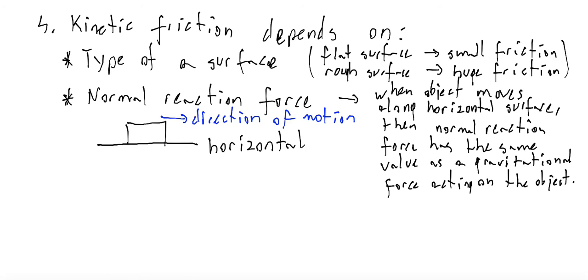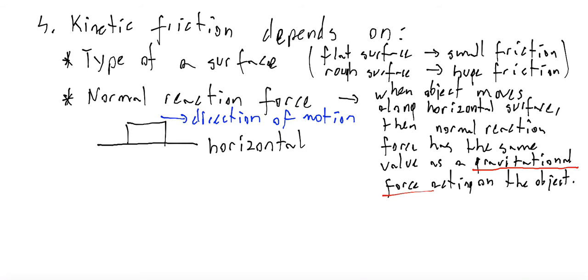So the second factor is the normal reaction force, which is the same as what? As the gravitational force acting on the object. Is it clear? So we have the type of surface and the normal reaction force. What is very important?